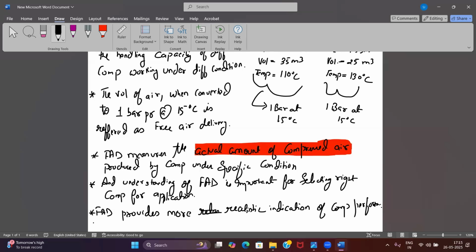A higher FAD value indicates that the compressor can deliver more air.